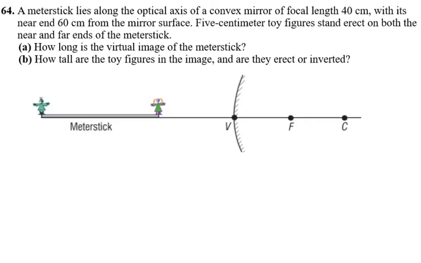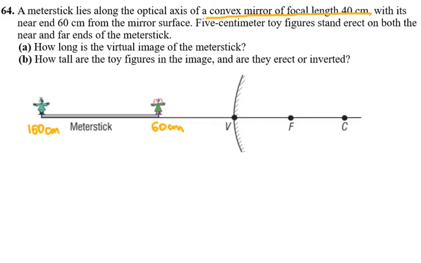A meter stick lies along the optical axis of a convex mirror of focal length 40 centimeters. So it's a convex mirror with a focal length of 40 centimeters, with its near end at 60 centimeters from the mirror. So this is 60 centimeters, and it's a meter stick, so the other end is at 160 centimeters because 1 meter is 100 centimeters.